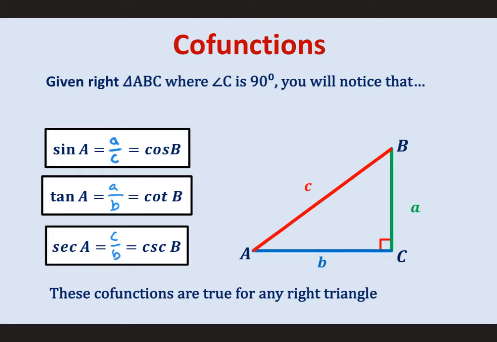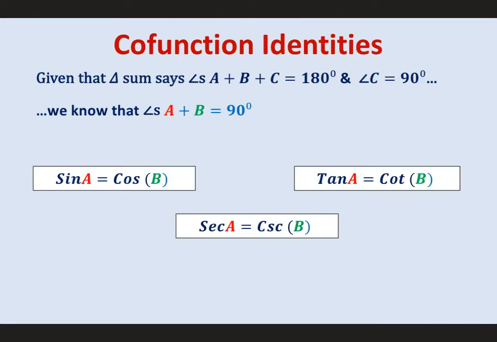So you're noticing this relationship. If I have a function, sine, and its cofunction, cosine, of the other acute angle, they equal the same thing. Okay? So here's what this is saying.